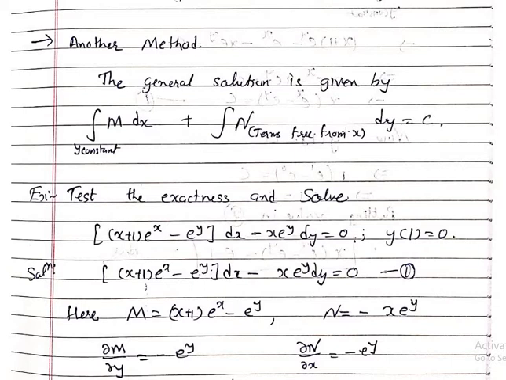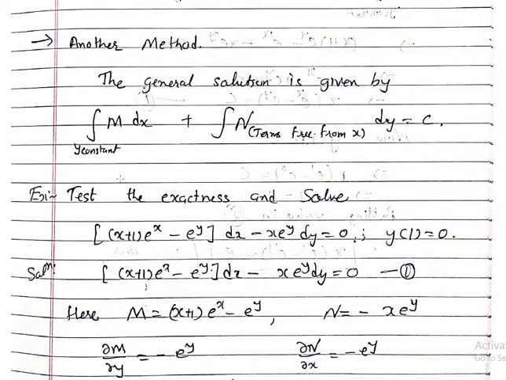That means from N we are only going to write the terms which do not contain x. If there is x in a term, then we are going to eliminate it, and other than the terms of x, that means the terms of y and the constant terms, we are going to write it here.